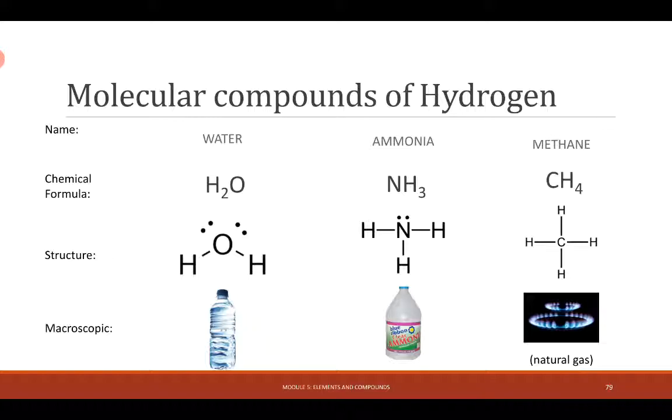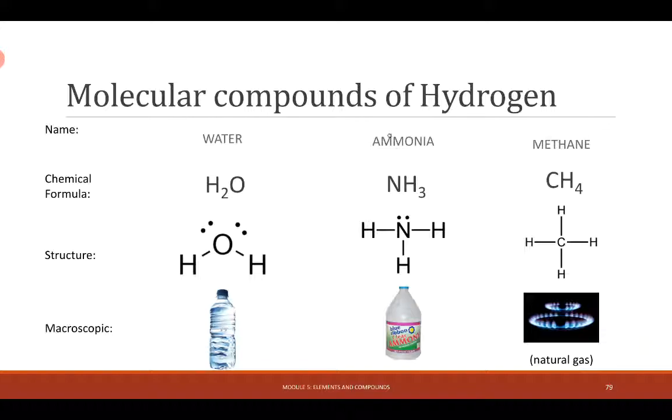They are just regular molecular compounds. So you just have to know their names. Water is H2O. It's not called dihydrogen monoxide, but there is some pretty funny stuff on the internet about dihydrogen monoxide that you can look up just for fun.